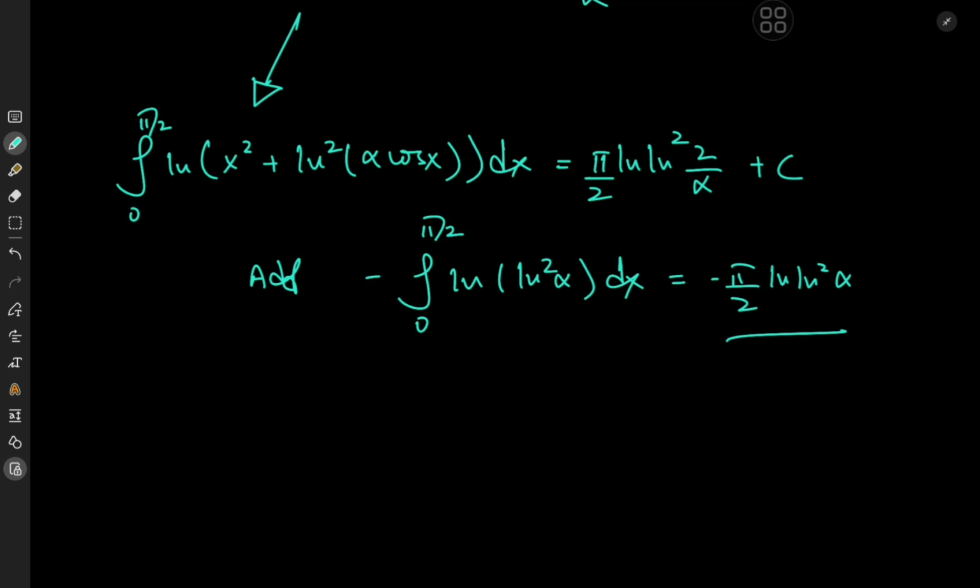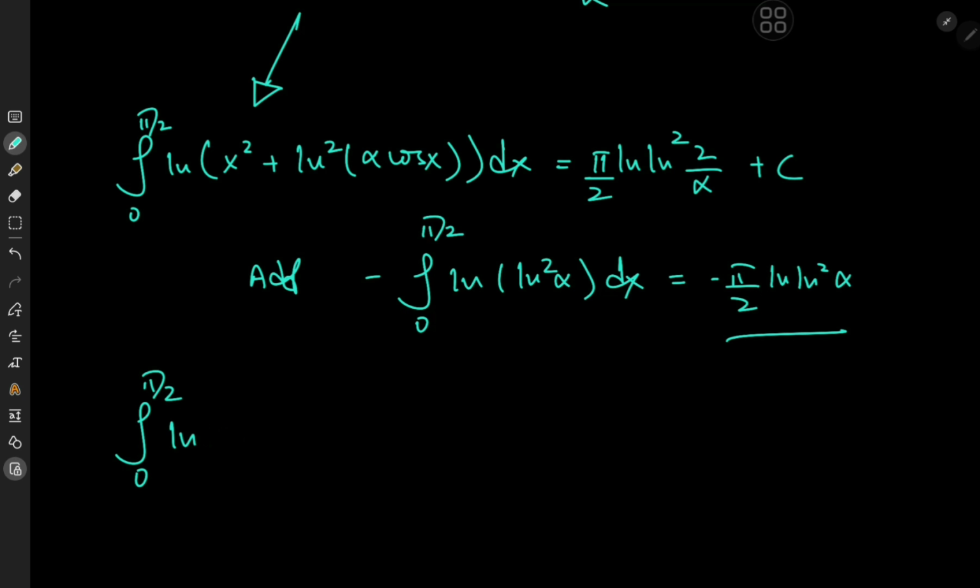Anyway, on doing this acrobatic little stunt for evaluating our integral, on the left-hand side, we have the integral from 0 to pi by 2 of the logarithm of what exactly?